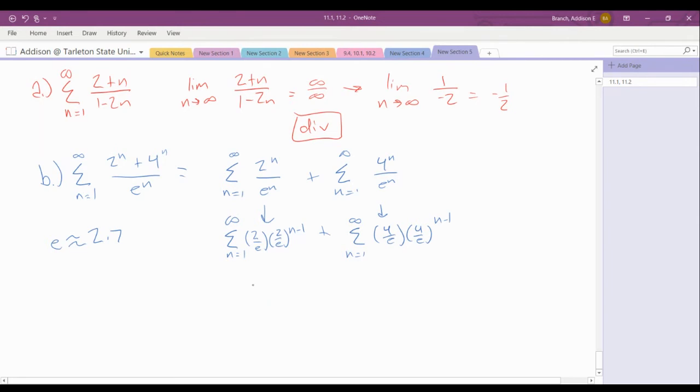So if we go ahead, we can get 2 over 2.7 is less than 1, so we're good. The thing is, now we have 4 over 2.7, which is greater than 1. So even though this piece on the left will converge, the piece on the right will diverge. And similar to improper integrals, if one of these diverges, the whole thing must diverge.